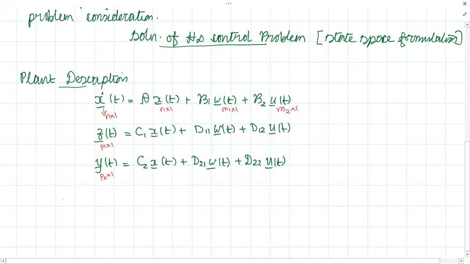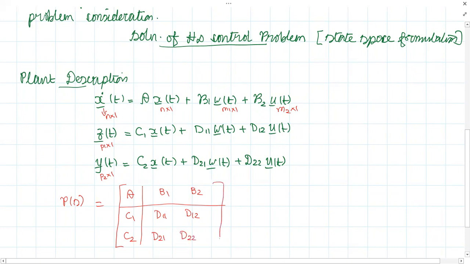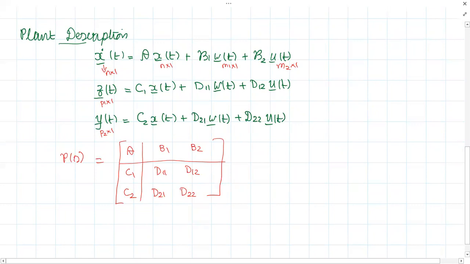So how will you represent that P of S in compact form? We are seeing that A, B1, B2, then C1, D11, D12, C2, D21, D22. So in transfer function form, how will you find it?